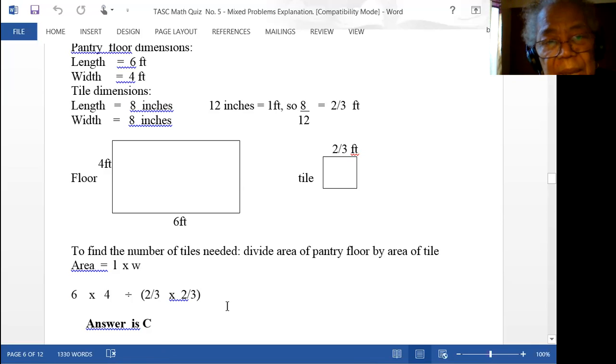So we had to pick out the expression where we could find the area. The number of tiles is the area of the floor divided by the area of the tile, just a square. And you know for a square, the length and the width are the same. So the answer is C.